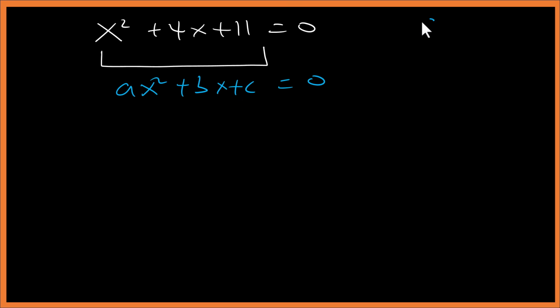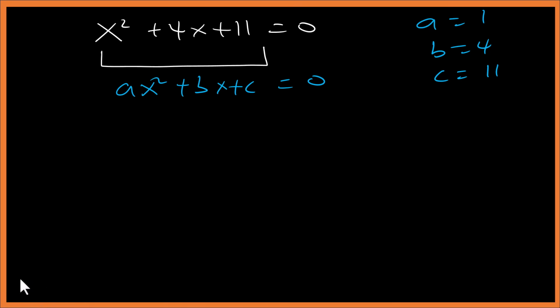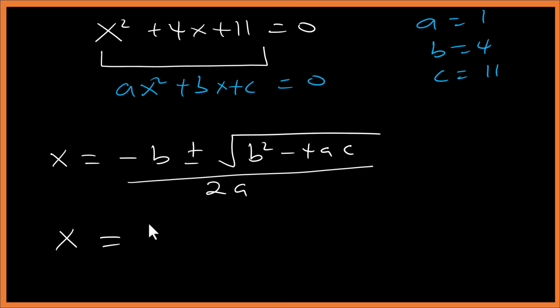So we have a is 1, b is 4, c is 11. Now we have x equals minus b plus or minus square root of b squared minus 4ac, all over 2a. So from here you can do the substitution.